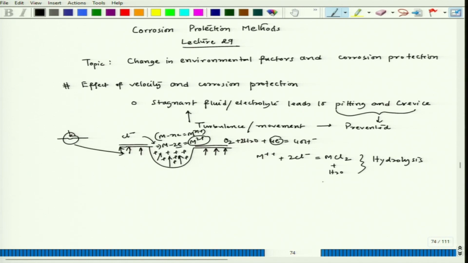So, this hydrolysis product is nothing but M(OH)2, which is nothing but the rust, plus HCl. So, it is basically 2 HCl, where you can write this as H+ Cl-.